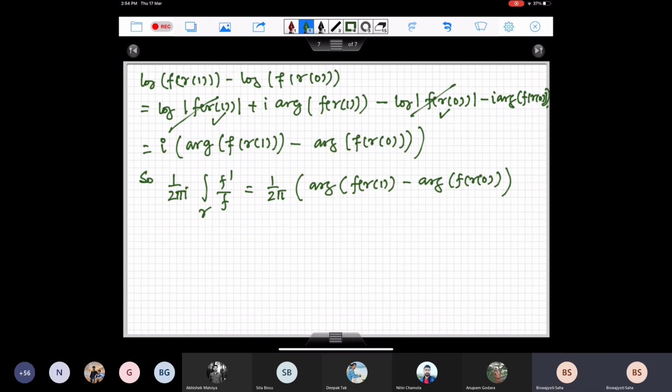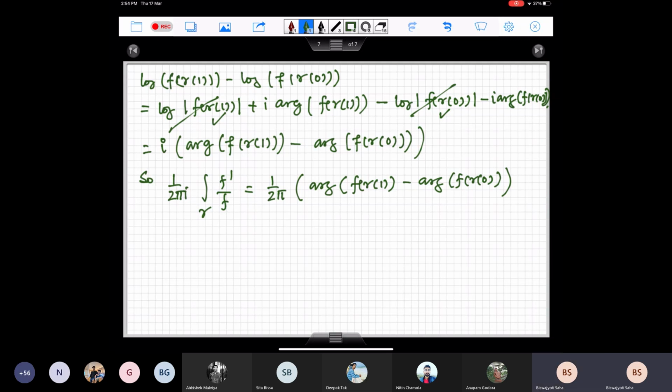That's correct, but it's going around and then coming back to that point. So there is a change of argument. When I start somewhere in the complex plane and go around, let's say I was in the upper half plane, then I went to the lower half plane and then came back, it's evident that I will gain some argument in this process of going around.